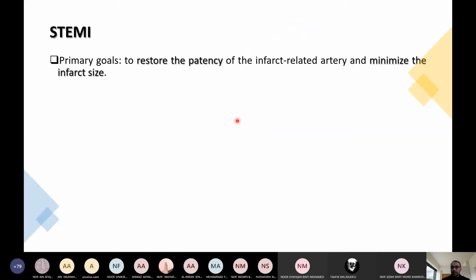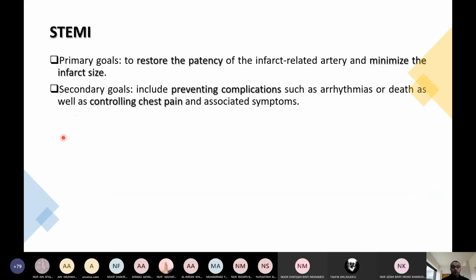So in STEMI, of course, our primary goal is to reopen the artery, the totally occluded coronary artery. We want to restore the patency of the infarct-related artery and minimize the infarct size as fast as we can. This is the primary goal.